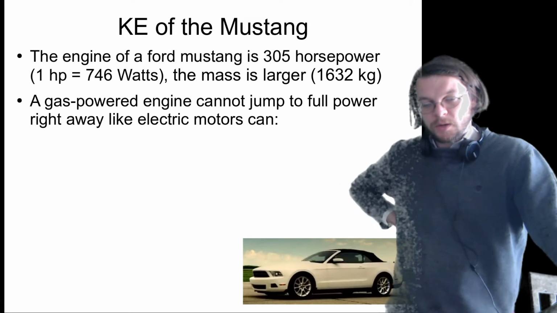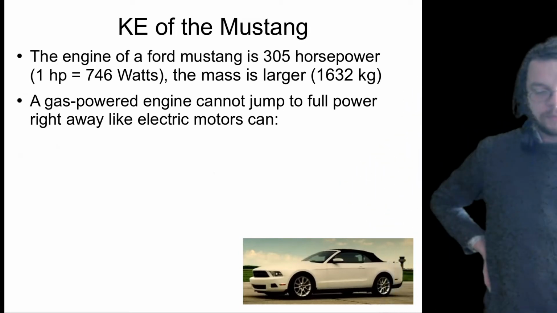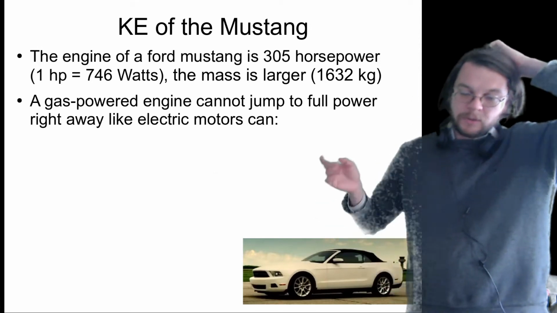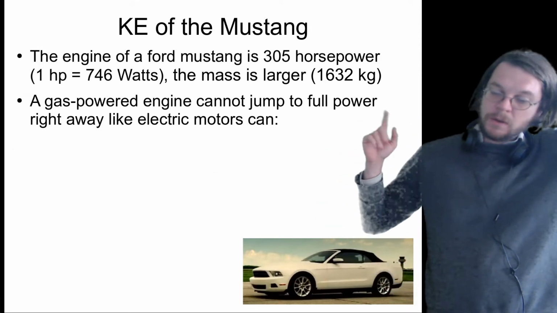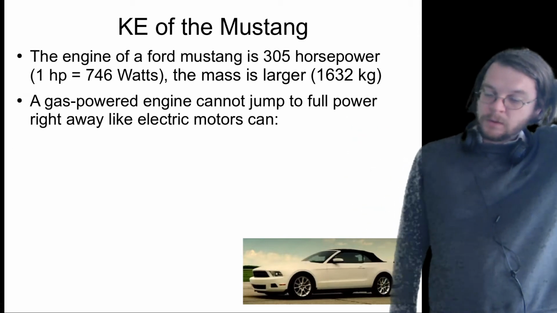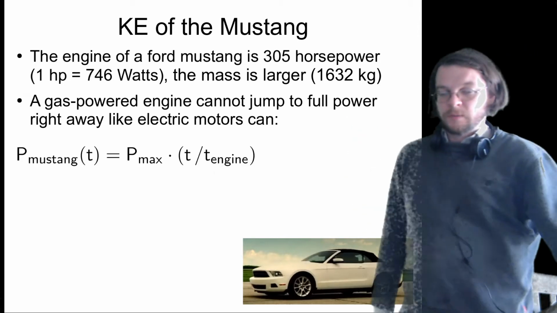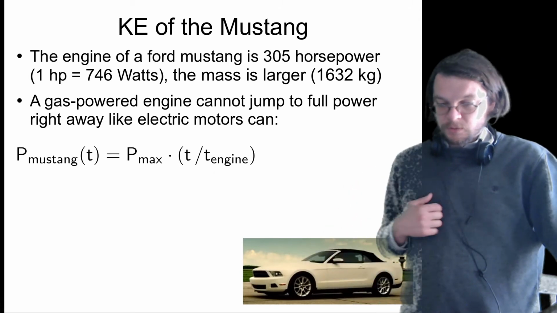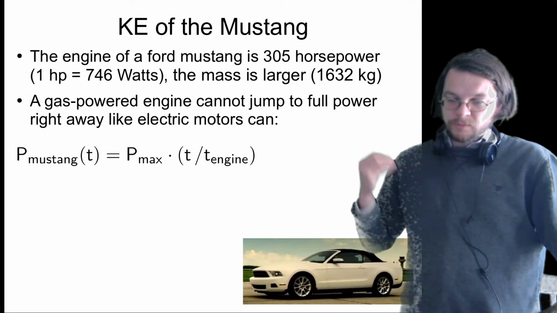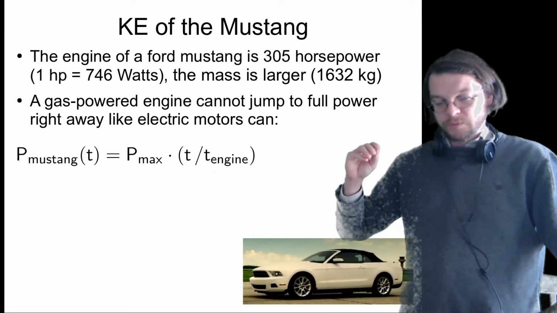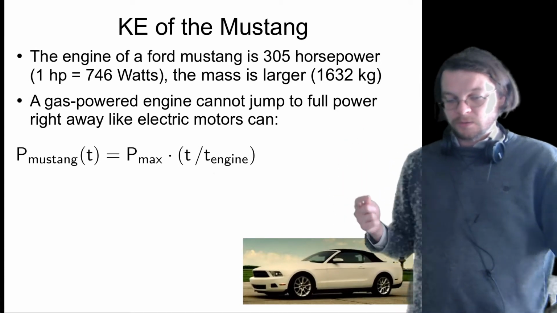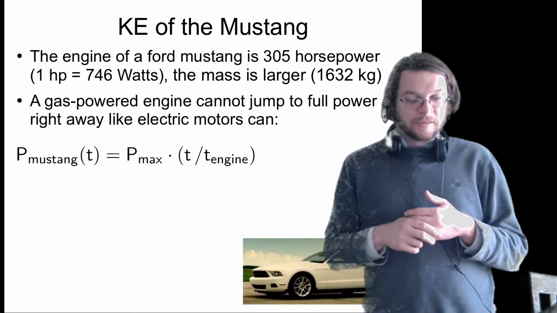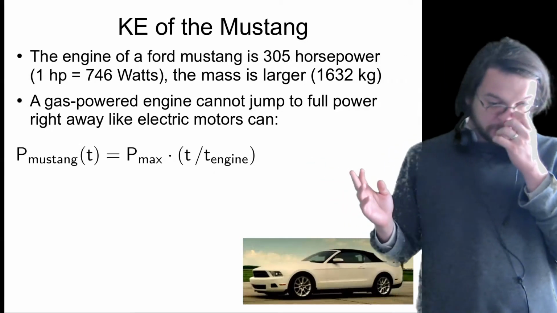So we can also think about this Mustang, which the power of the engine that it has is much larger, but the mass is much larger. The other complication is that conventional engines cannot just go from 0 power up to full power. So you only get full power when the thingies inside of it are rotating rapidly. In other words, high RPMs, right?